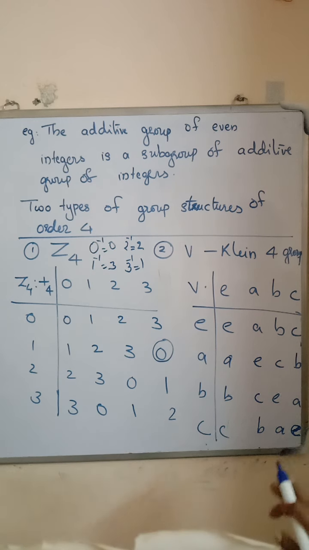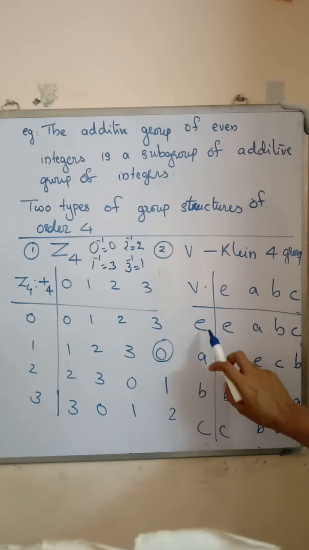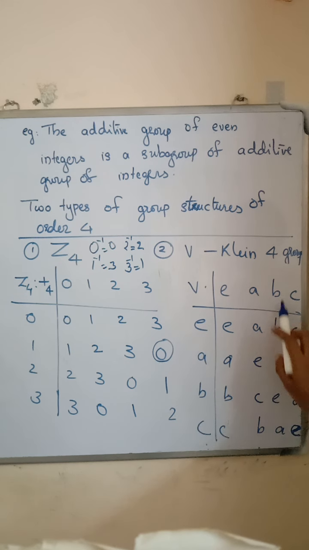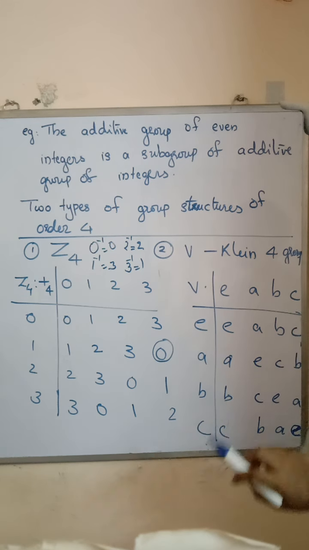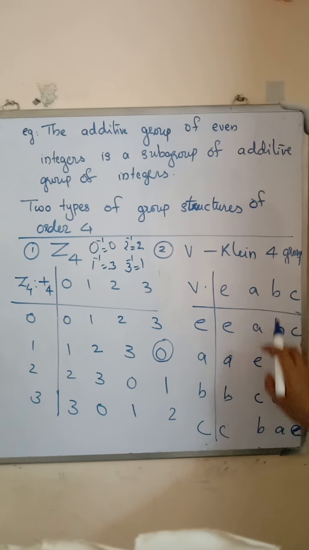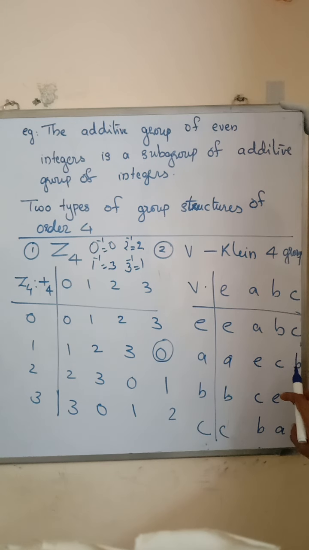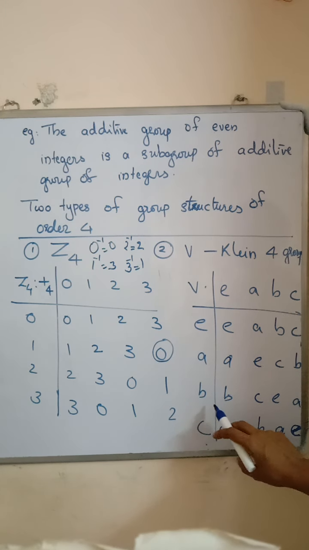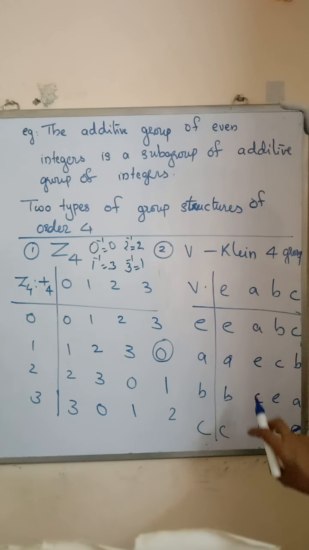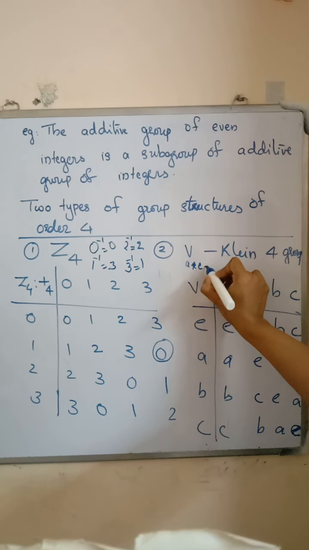Here the operation is defined as E star E is equal to E, E star A is equal to A, E star B is equal to B, E star C is equal to C. Also, A star B is equal to C, and A star C is equal to B, and B star A is equal to C.